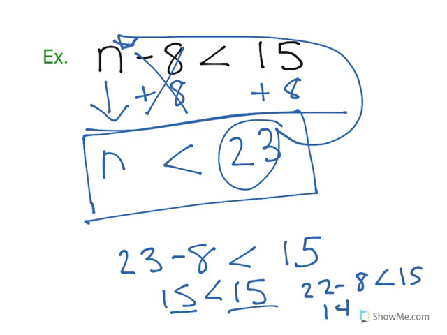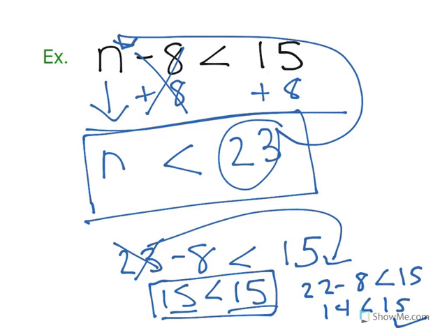Well, in that case, 14 is less than 15, so we know that checks out. Technically 15 is not less than 15, so instead of using 23, what I should have done is use a number less, like 22, and think of what's 22 minus 8 and go from there. So the answer to this problem is any number less than 23 would satisfy this inequality. So any number less than 23 would work.